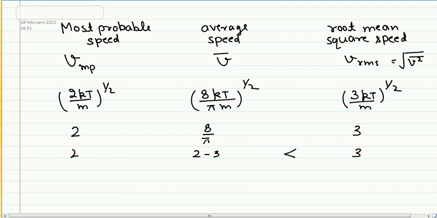So 3 is greater than this and this is greater than 2. It means that the root mean square speed, VRMS, is more than the average speed, and this is more than the most probable speed. So this is the relation between the three speeds, and this is all about today's lecture. So let us stop here.